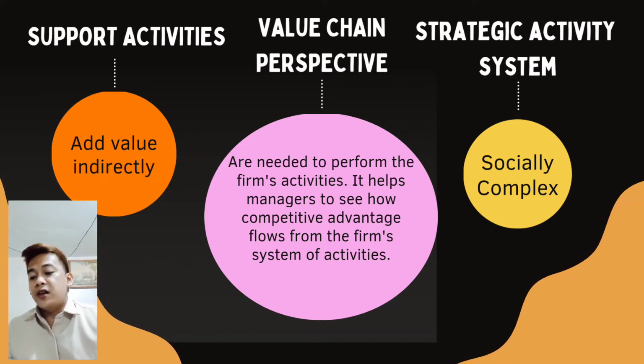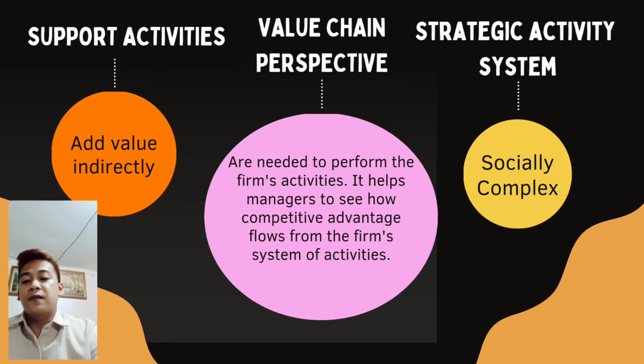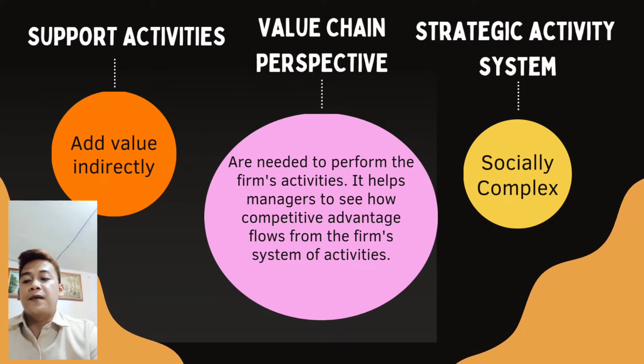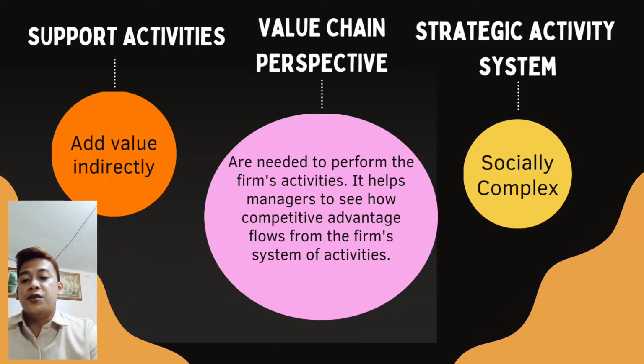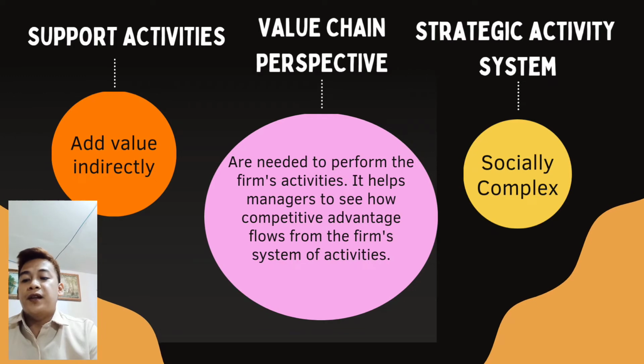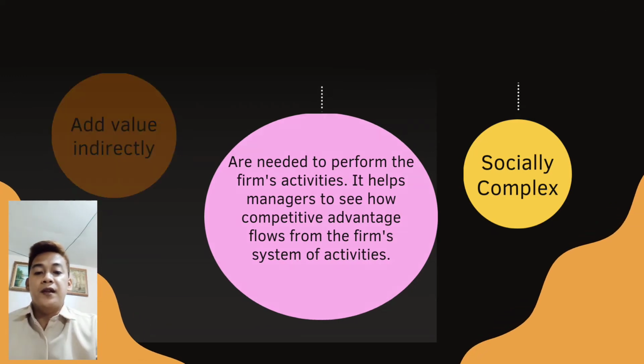In the value chain perspective, resources and capabilities are needed to perform the firm's activities. The value chain perspective helps managers to see how competitive advantage flows from the firm's system of activities.